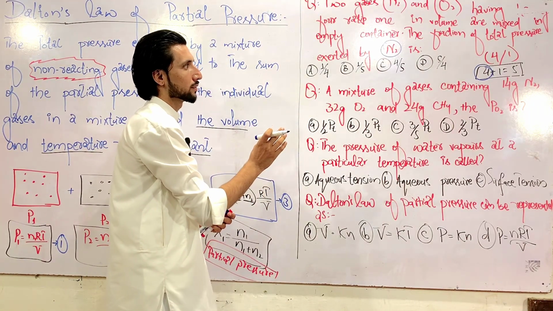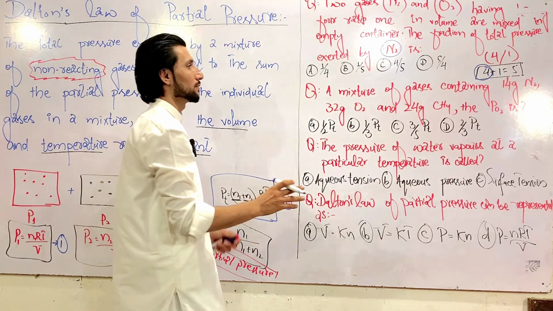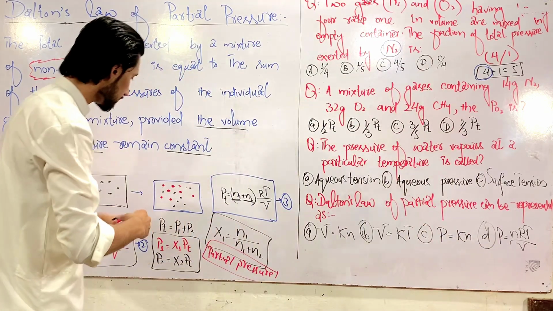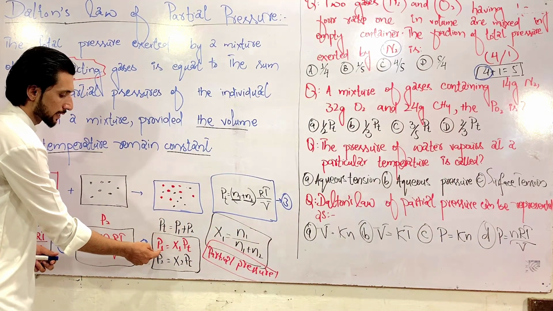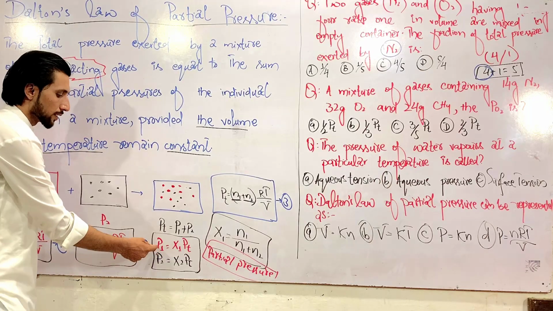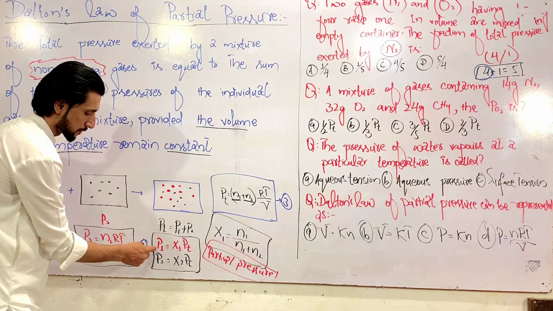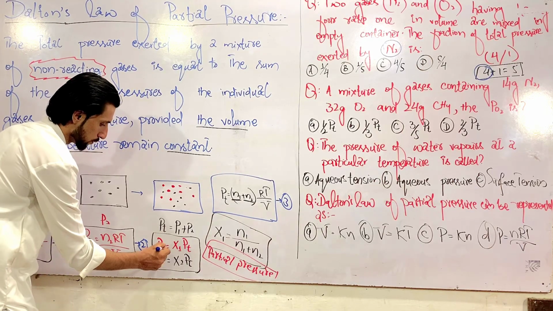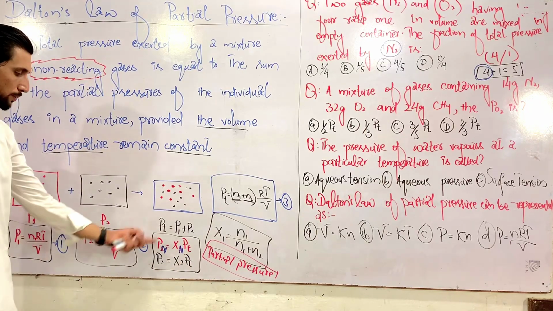The pressure exerted by nitrogen would be 4 over 5. The pressure exerted by gas 1, here nitrogen, Pn, is equal to the mole fraction of nitrogen multiplied by the total pressure.